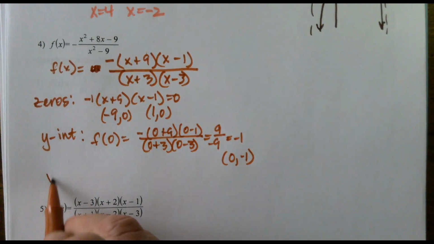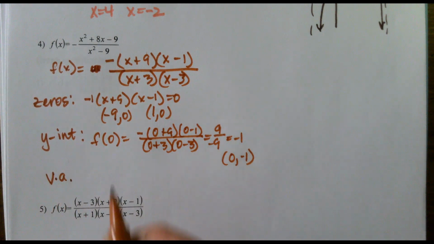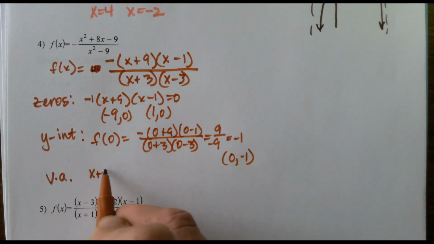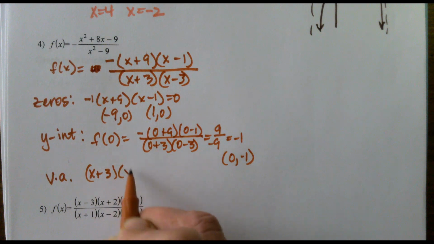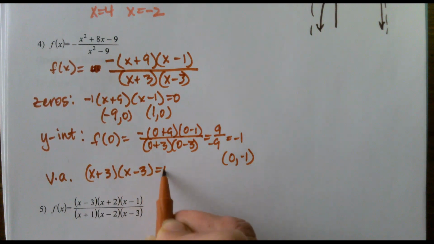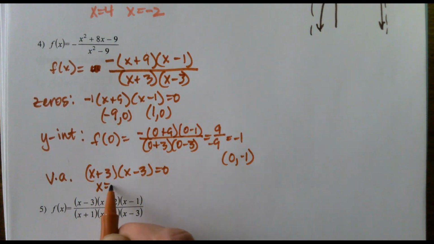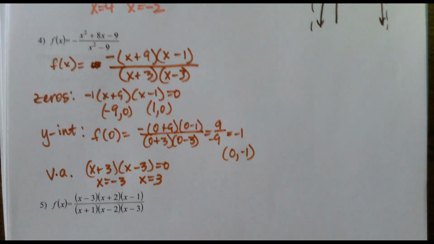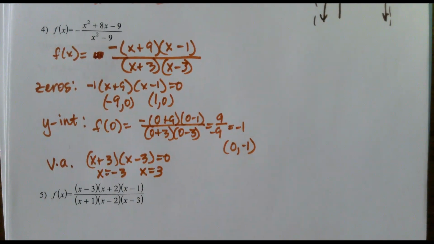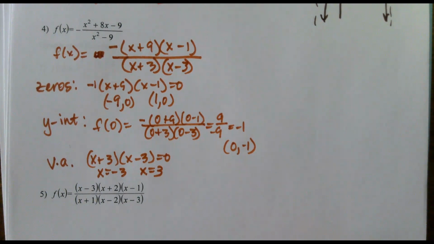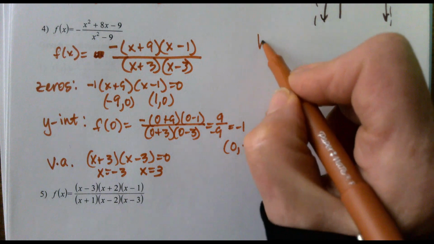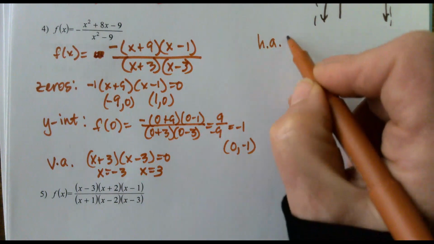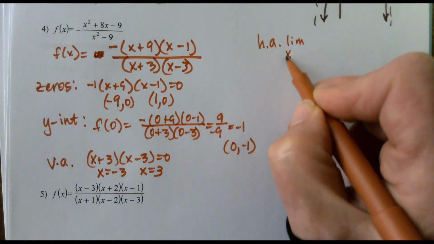Vertical asymptote. x plus 3 times x minus 3 equals 0. So x is negative 3 and x is positive 3. Vertical asymptotes, two of them. And my horizontal asymptote, the limit as x approaches infinity.